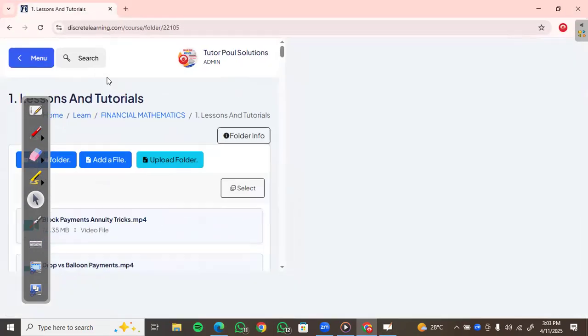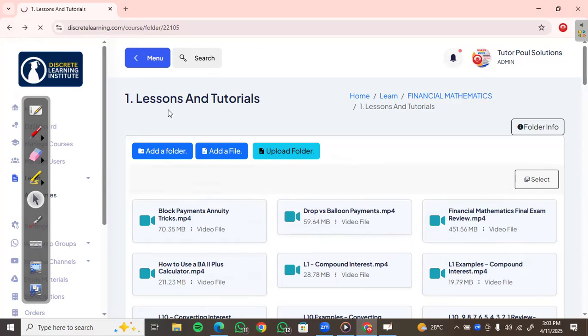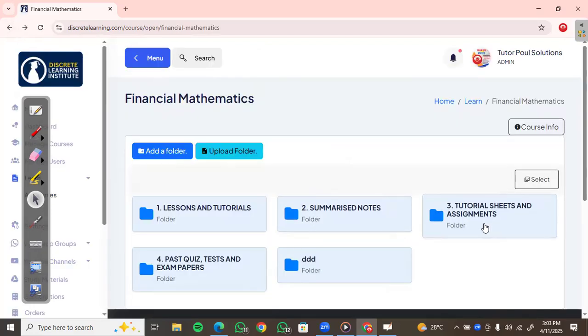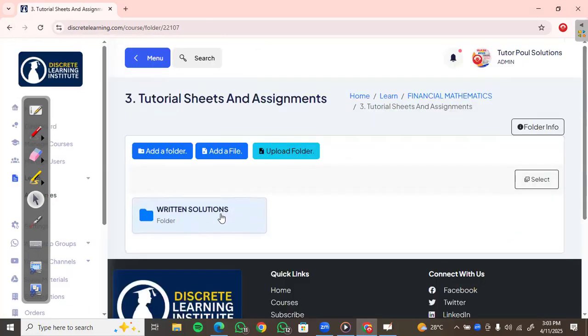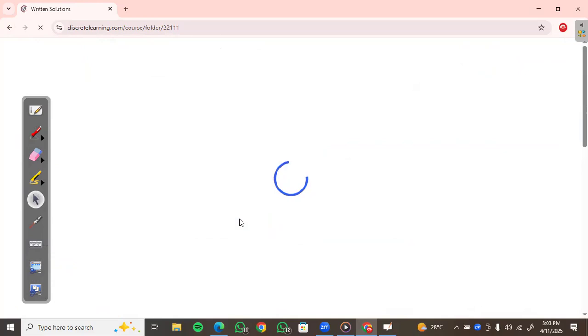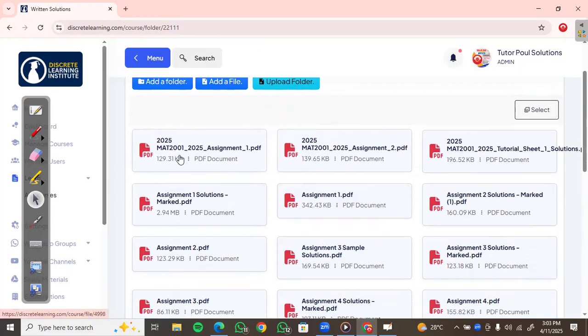You can also go to the folder for the tutorial sheets here. You can find some solutions. I think there are past intakes, and then there's also your intake. For your intake, you can see there's 2025 there.